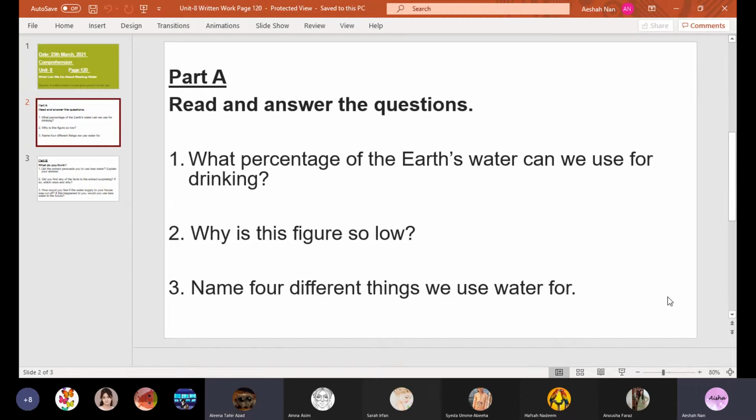Teacher, can you repeat the answer? This is what I'm telling. The figure is low because most of the water on Earth is salty.